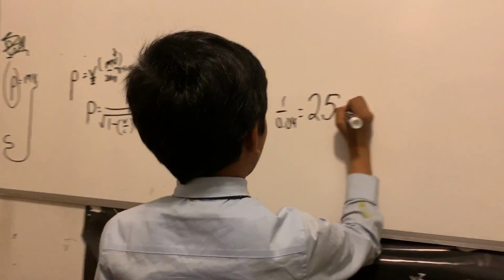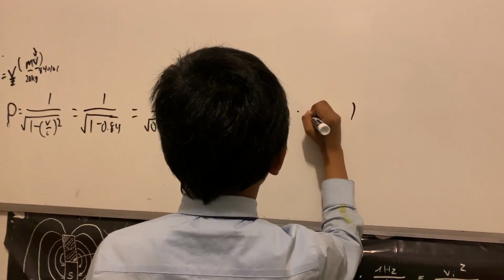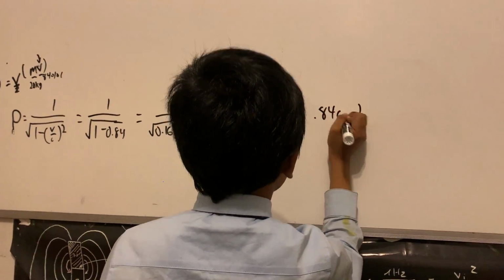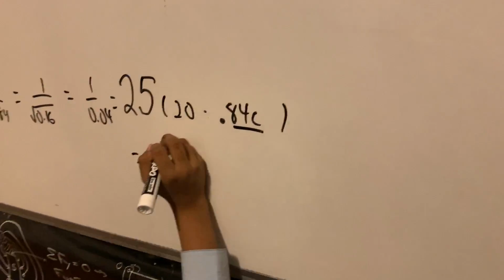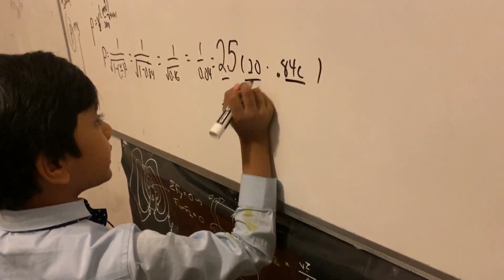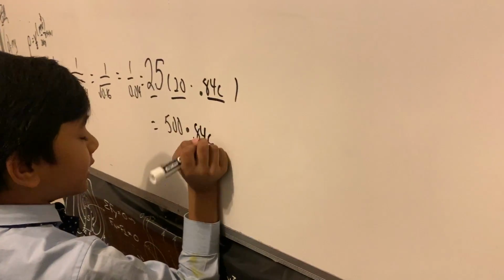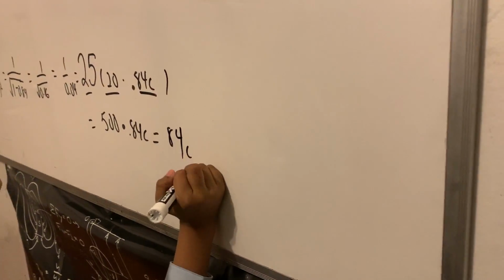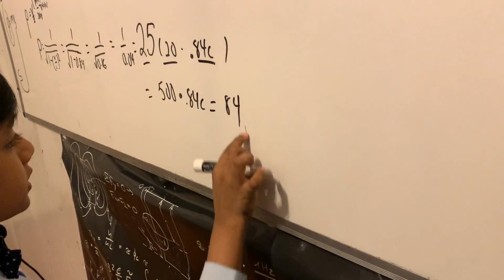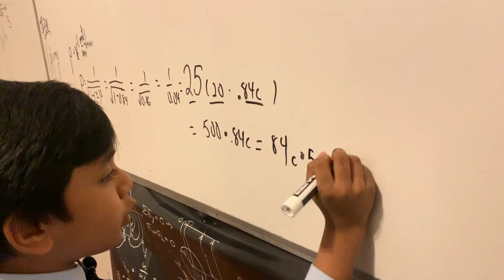But now we have to multiply it by the rest of the equation. 20 times 0.84c. Well, this is pretty awkward, but we can make it less awkward. By multiplying this by this, we get 500 times 0.84c, giving us 84c. 84c times 5 is equal to 420c.